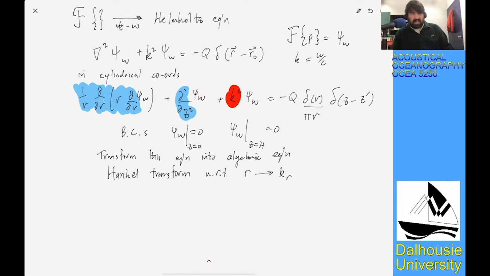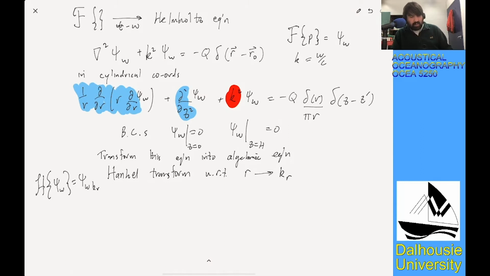And so just like we had a Fourier transform that's based off of trigonometric functions, now we're going to have the Hankel transform, which is based off of Hankel functions, or Bessel functions, combinations of Bessel functions, basically. Okay, so our new transform variable, we're going to say this is our Hankel transform of psi omega. Now we're just going to keep track of our transforms with subscripts.